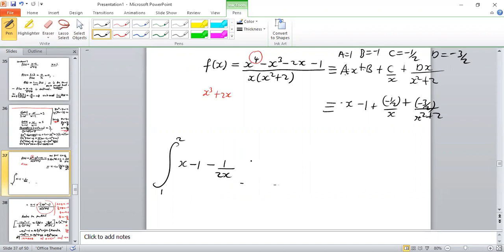Sorry, the 2 on the integration is supposed to be 3. It's 1 to 3, like that. Then minus 3 over 2x over x squared plus 2. So we are integrating this.